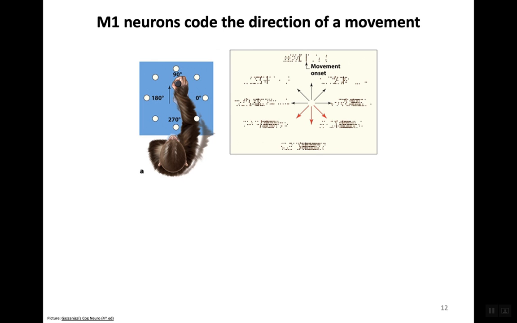In the diagram shown here, we see a monkey moving the arm in one direction with respect to the center of a display, of a setting. So let's say that the monkey needs to move its right arm from the center of that setting in a multitude of directions. And then what we can do is measure the firing rate of that specific neuron in response to moving the arm in each of those directions.